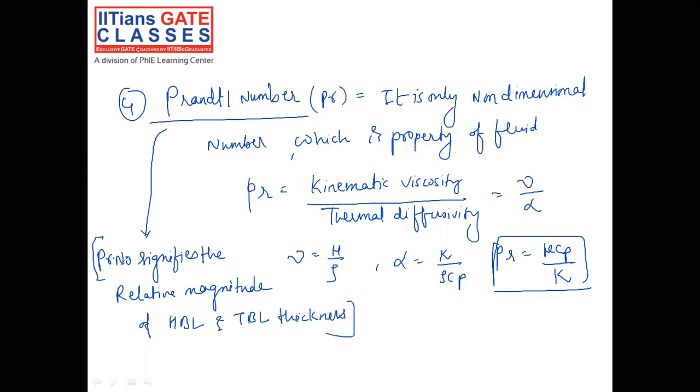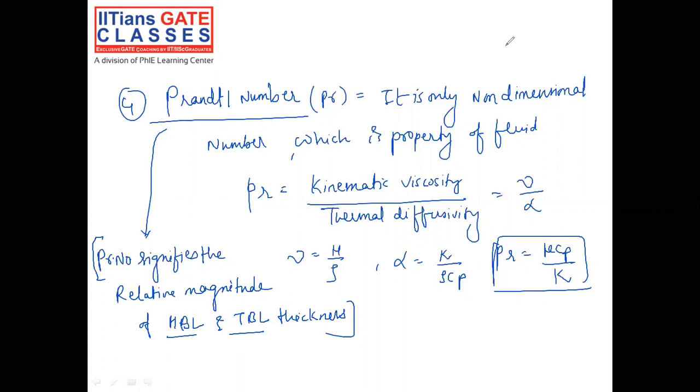As the definition itself is saying, the kinematic viscosity is the momentum diffusion rate, and thermal diffusivity is nothing but the thermal diffusion rate. How fast the momentum is transferring as compared to the heat propagation or heat transfer. So that is about the relative magnitude of hydrodynamic boundary layer thickness and thermal boundary layer thickness. So that is about the Prandtl number.